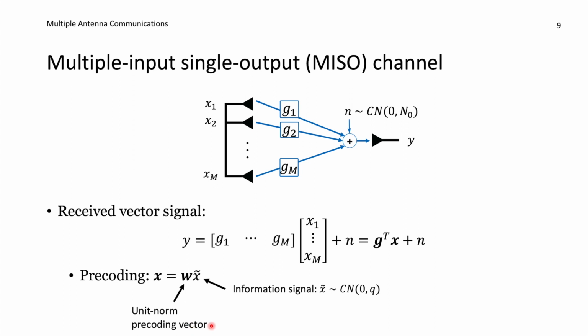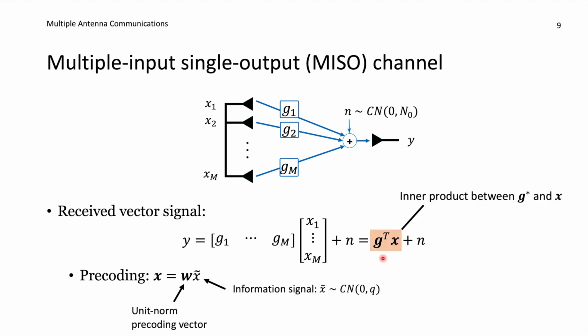This vector is fixed and we will optimize it later, but we multiply it with an information signal, which is complex Gaussian and has this energy per symbol Q as before. This is a scalar and the receiver can receive a scalar, so that makes good sense together. So x is equal to w times x tilde, and we put it in here.